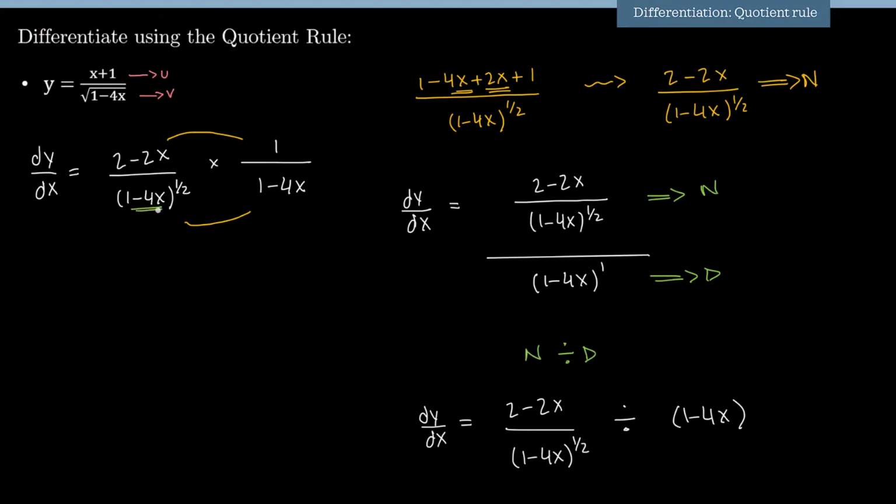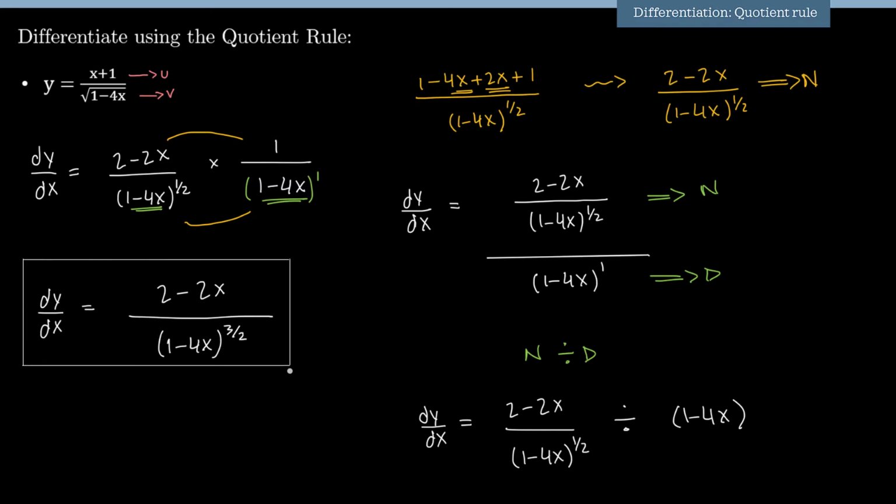These two terms have the same base, so the powers are going to get added. This 1 minus 4x has the power of 1 upon 2 and this 1 minus 4x has the power of 1. So dy upon dx is equal to 2 minus 2x divided by 1 minus 4x, and 1 upon 2 plus 1 is 3 upon 2. So this is 1 minus 4x whole power 3 upon 2. This is my answer. This is the derivative of this function.